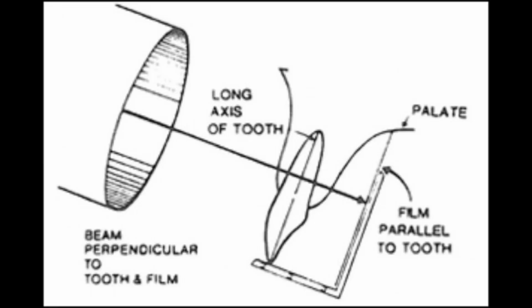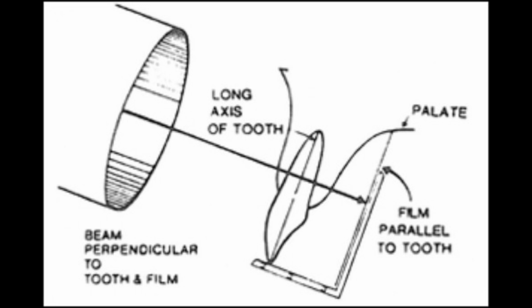I'm going to break down the paralleling technique a little bit for you. I know we just demonstrated it in the x-ray video that I just did, but when we're taking a bitewing or even a PA, which is a periapical, what you're trying to do is not elongate or foreshorten the tooth, like make it longer or shorter.